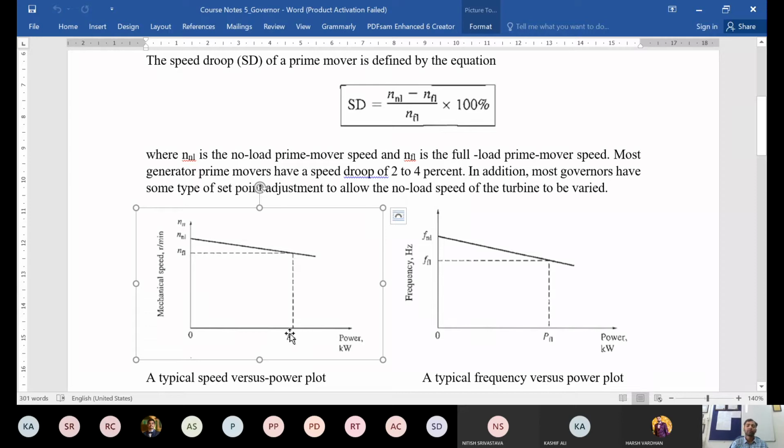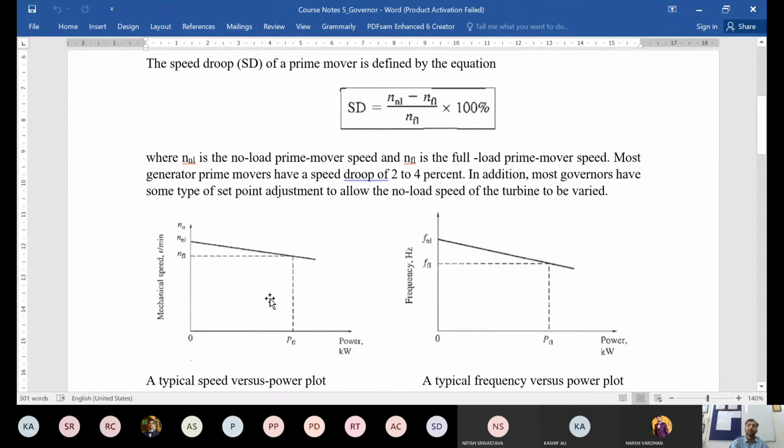And vice versa: if your power demand gradually or instantaneously decreases from PFL to some other P3 on the lower side, the speed will tend to accelerate or increase. So with the governor mechanism in place, you can approximate it with a linear curve like that, the speed droop curve in this form.